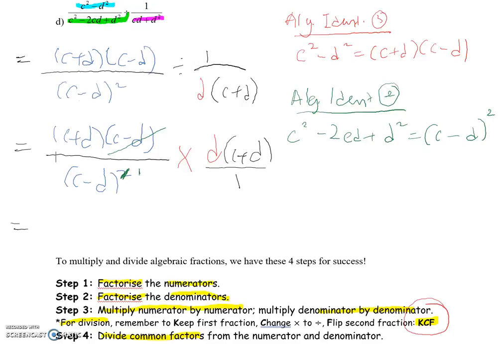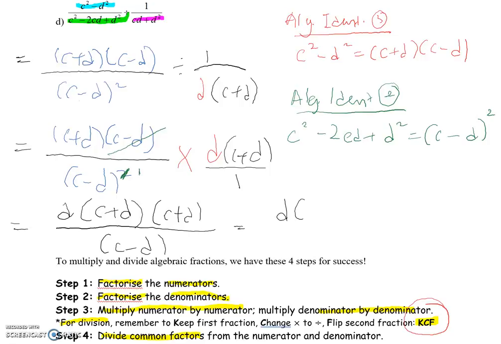And this will give us d multiplied by (c plus d) multiplied by (c plus d) over 1 multiplied by (c minus d), which is also equal to d multiplied by (c plus d) squared over (c minus d). Hence, we can rewrite (c plus d) times (c plus d) as (c plus d) squared. So this is how we divide these two fractions together.